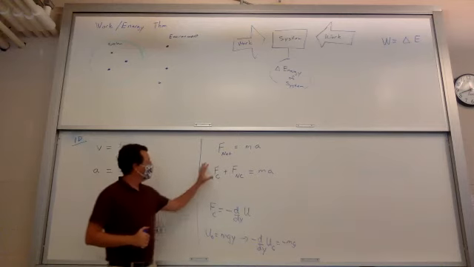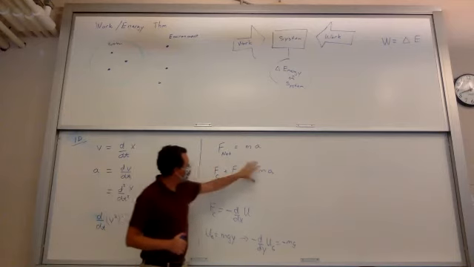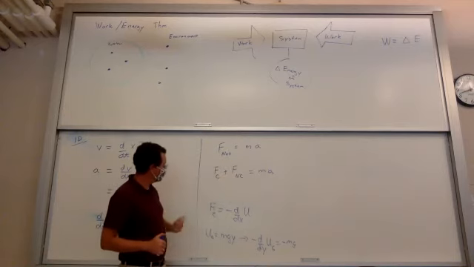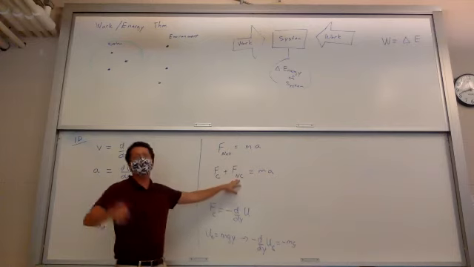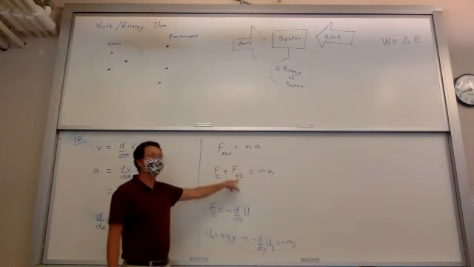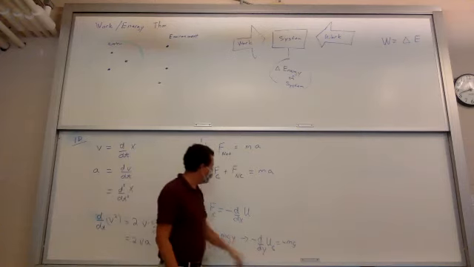Okay. So we have Newton's second law with conservative forces, and anything that's not like this is just non-conservative. It could be anything. Friction, for example, is non-conservative. Friction cannot be written this way.